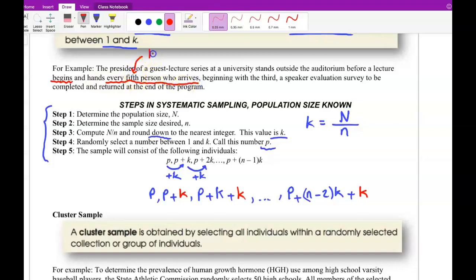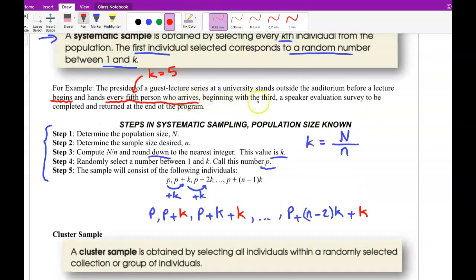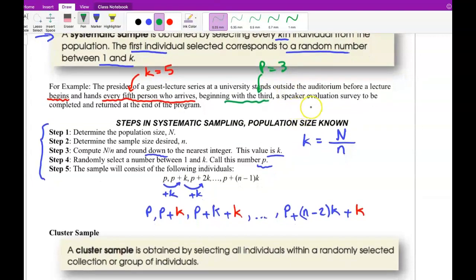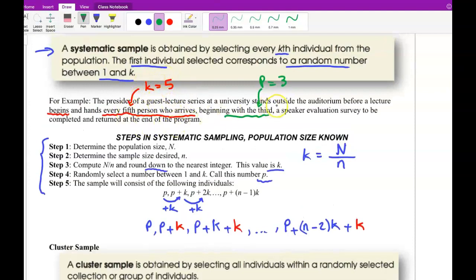That means our k is 5, beginning with the third. That is our p. The speaker evaluation survey is to be completed and returned at the end of the program. The point is what k is and what p is. So k is 5 and p is 3.